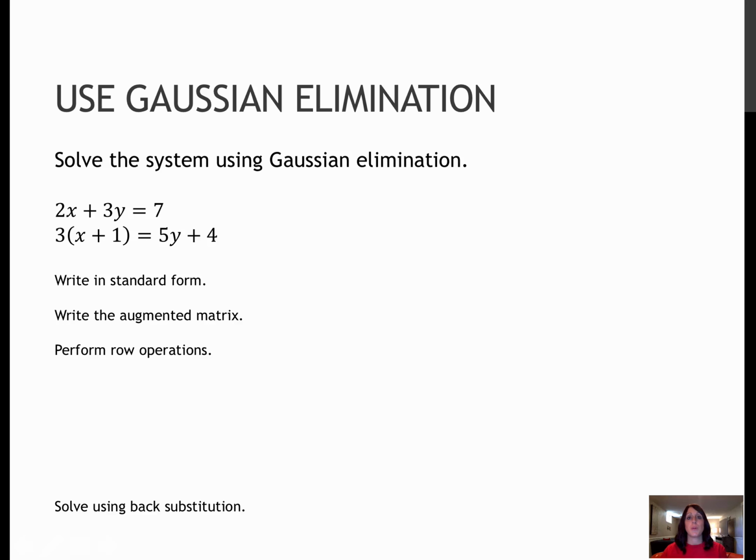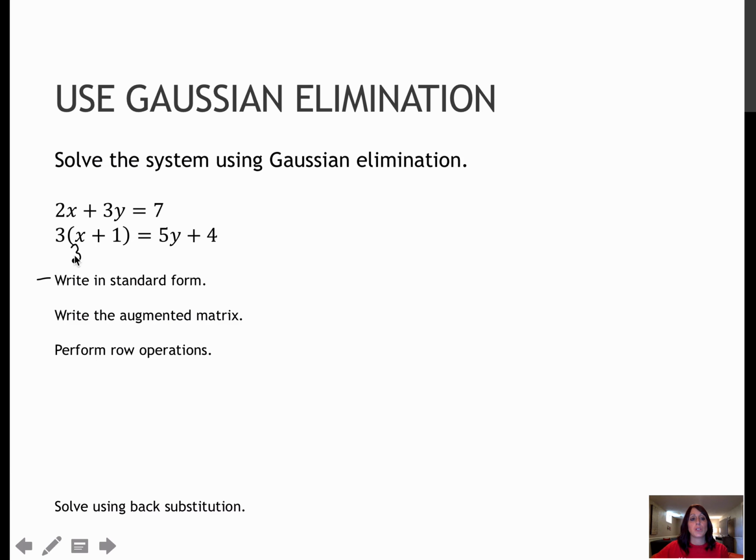Here's an example for us to do together using Gaussian elimination. In order to use Gaussian elimination, we need to have our system of equations written as an augmented matrix. Before I can do that, I have to write my equations in standard form and then write them in the augmented matrix. My first equation is already in standard form, but my second equation is not.